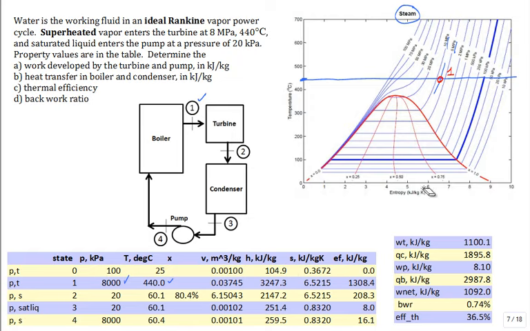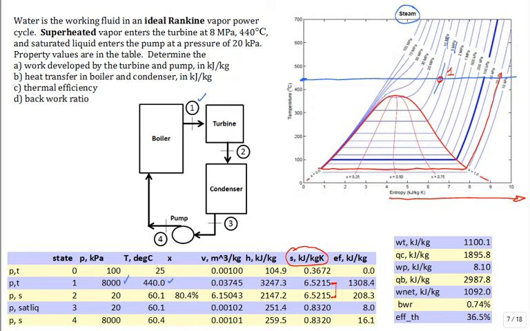Then, where is state 2 on this temperature entropy diagram? Well, we're down to the 20 kilopascal line. Here's the 20 kilopascal line. True? And state 1 and state 2 have the same entropy, and this is the entropy axis.